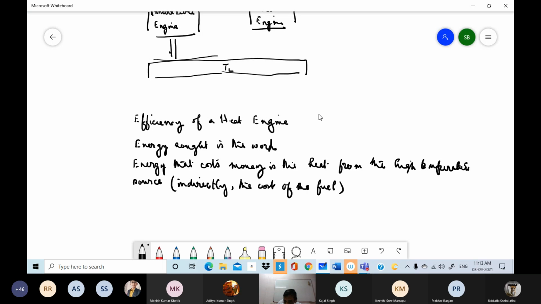Similarly, the coal provides the QH in a power station. So then the thermal efficiency is W by QH. W is QH minus QL, divided by QH.